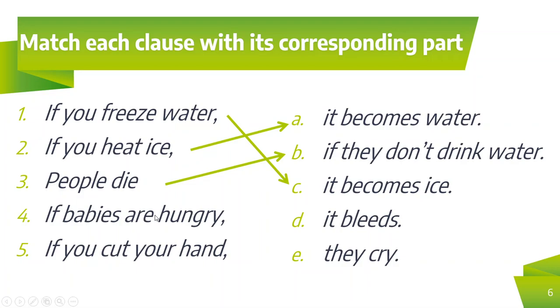If babies are hungry, what happens to the babies when they feel hungry? We have two things here: it bleeds or they cry. We have babies, so it's they cry. If you cut your hand, you are cutting tomatoes and you cut your hand, then what happens to your hand? It bleeds. You get blood.